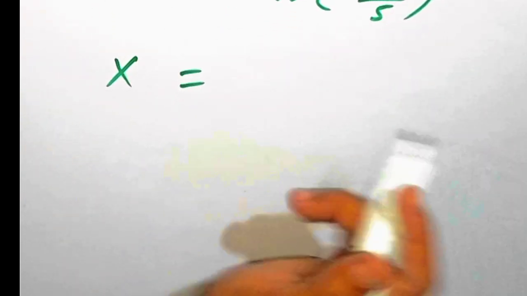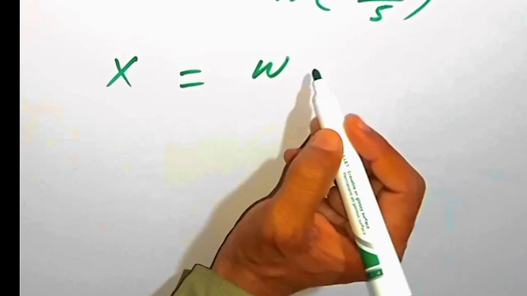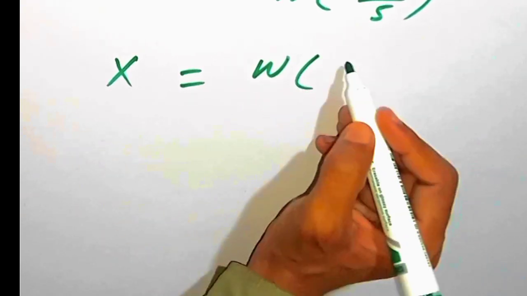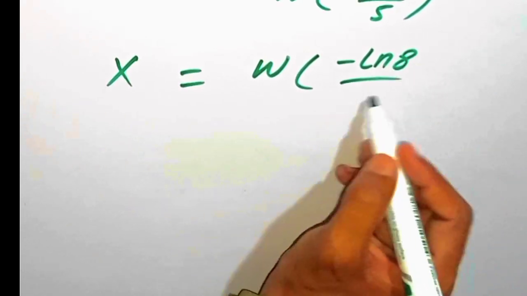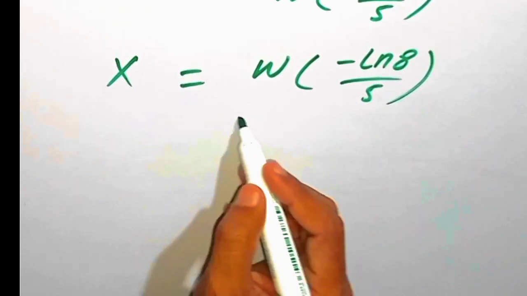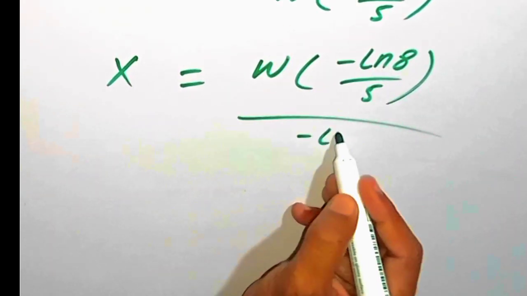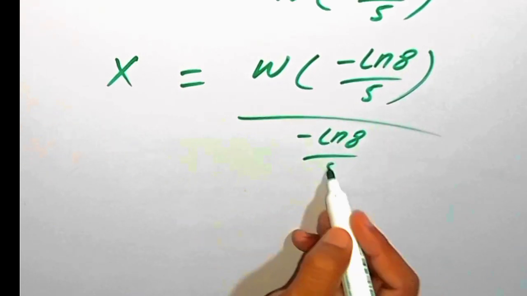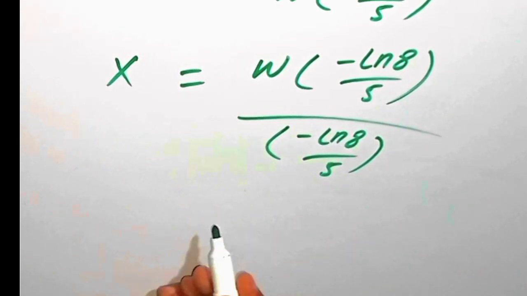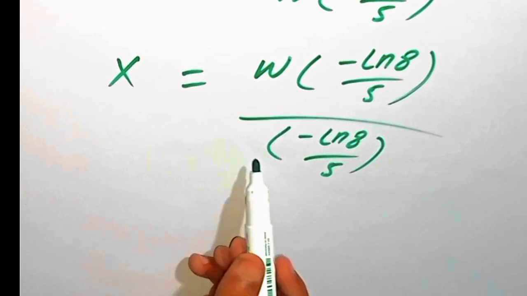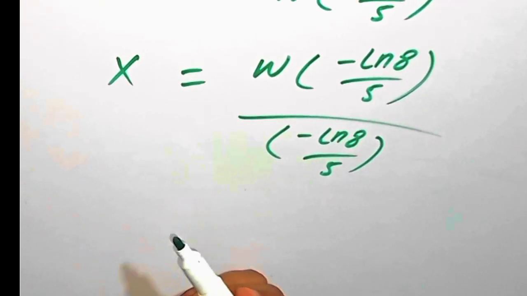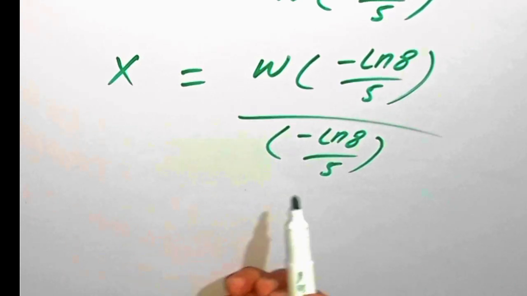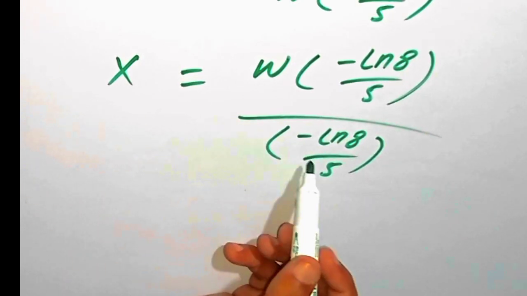So our next step is that x is equal to W of minus ln 8 divided by 5, and when this value comes to the upper side, it becomes the reciprocal, so it becomes 5 by minus ln 8.